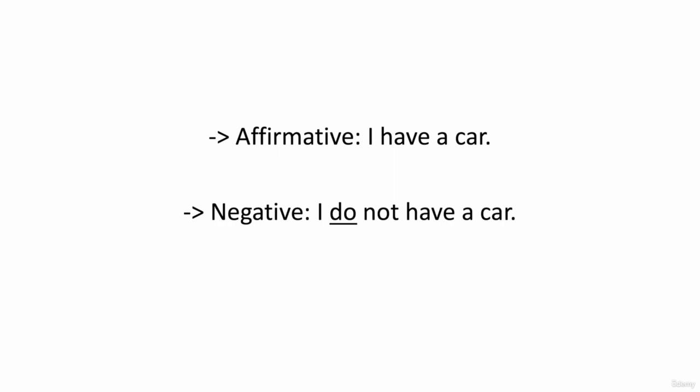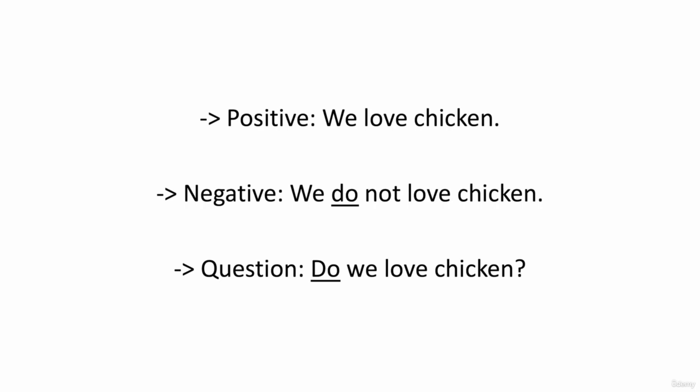For example, we love chicken. We do not love chicken. Do we love chicken? The auxiliary verb do is only used in 2 out of 3 of these situations. There is a rare exception.